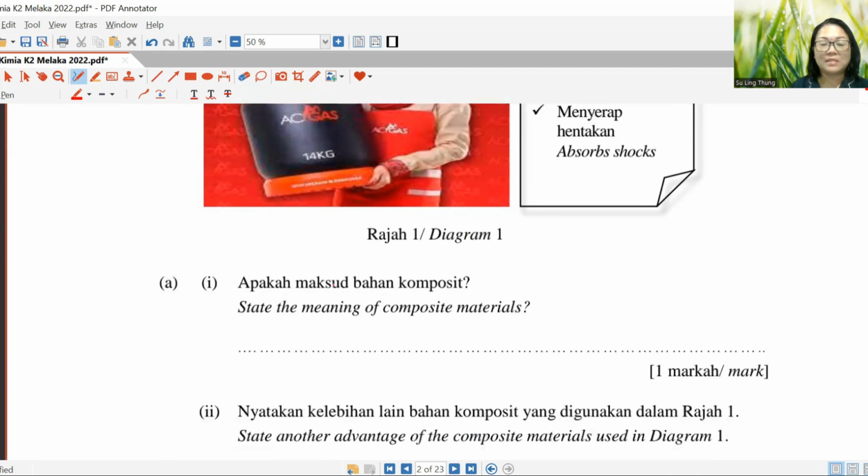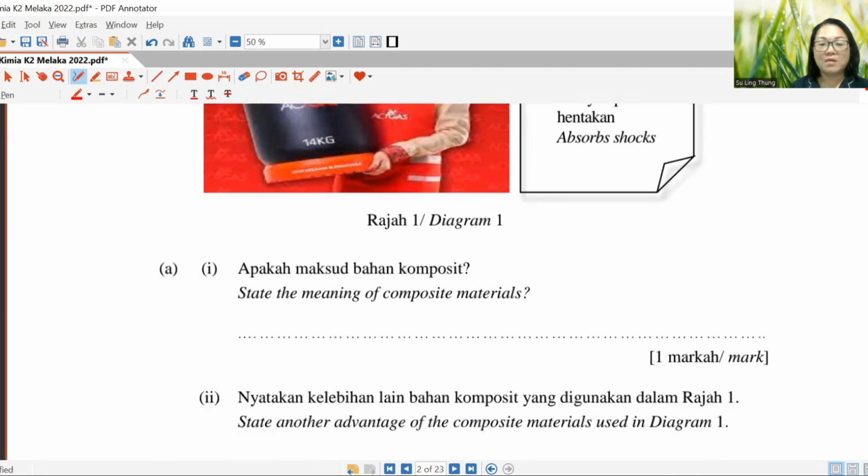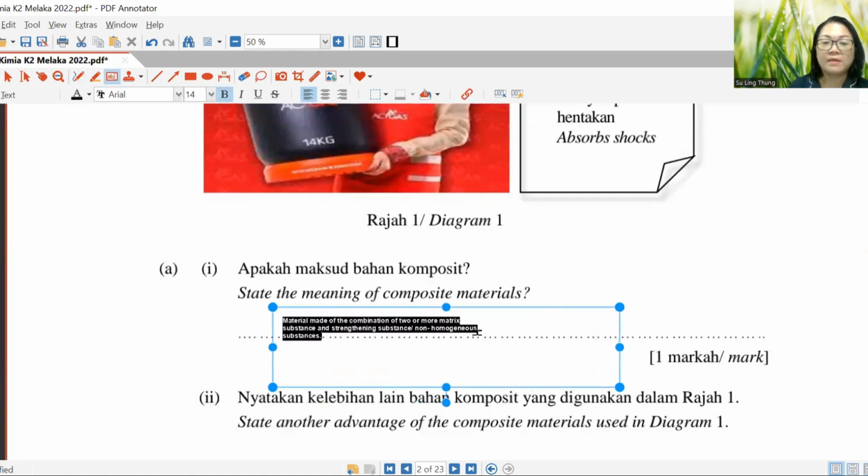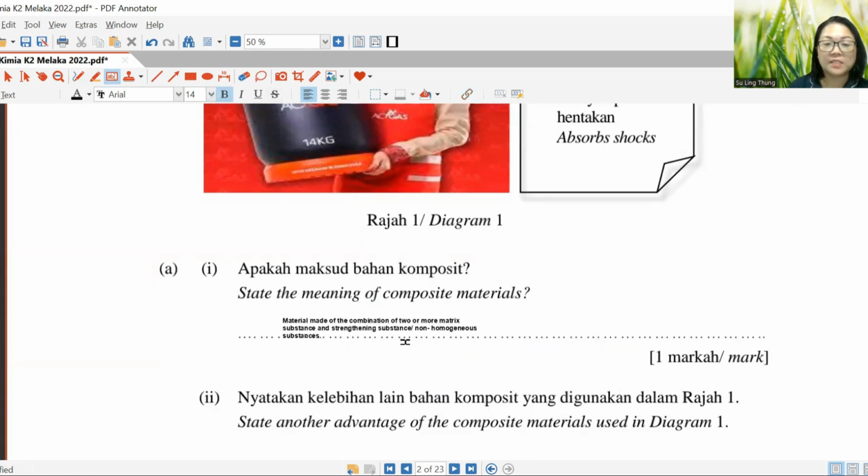Now let's look at question 1. State the meaning of composite materials. Composite materials are materials made of a combination of 2 or more substances: a matrix substance and a strengthening substance, which are non-homogeneous.